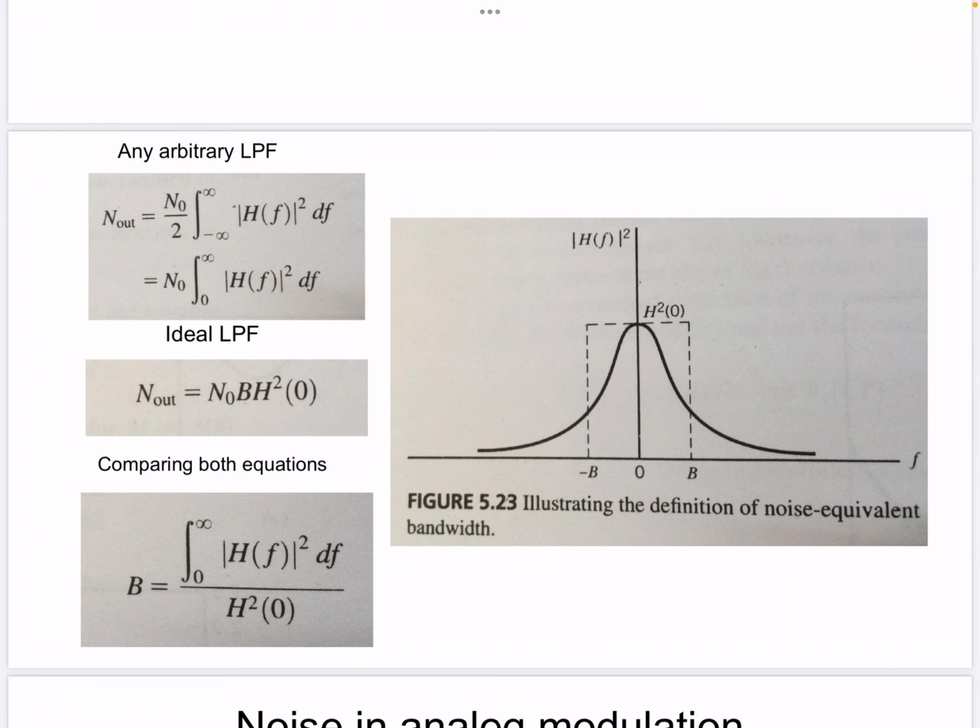Thus the procedure for calculating the noise equivalent bandwidth consists of replacing the arbitrary low pass filter of transfer function H of f by an equivalent ideal low pass filter of zero frequency response H of 0 and of bandwidth B. We can also see this in the spectrum illustrating the definition of noise equivalent bandwidth.